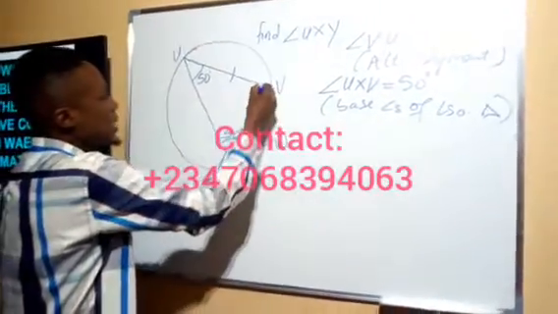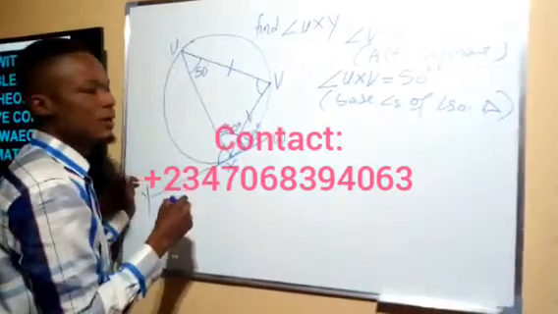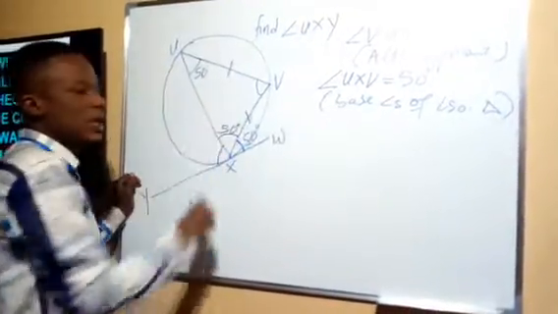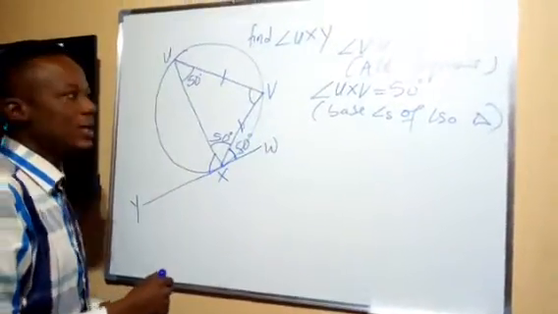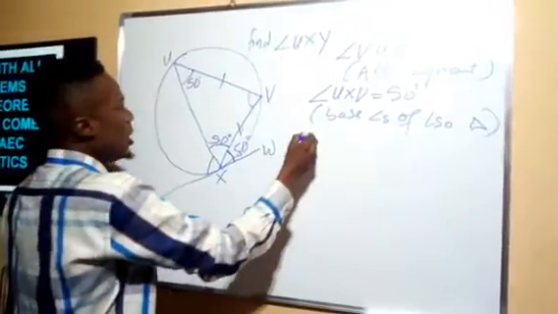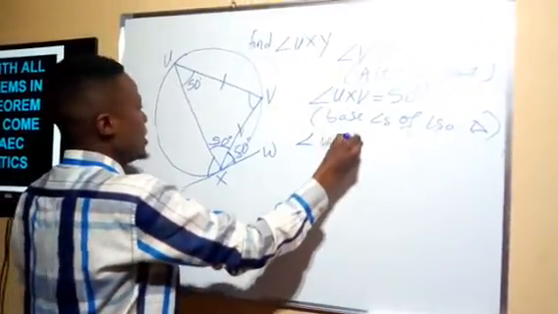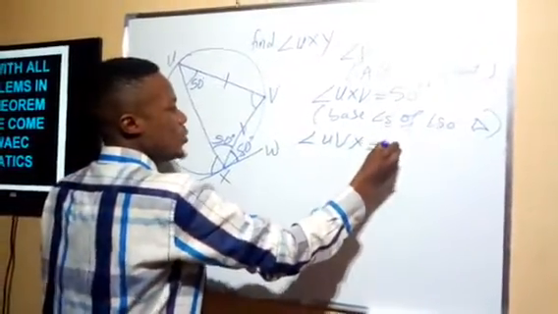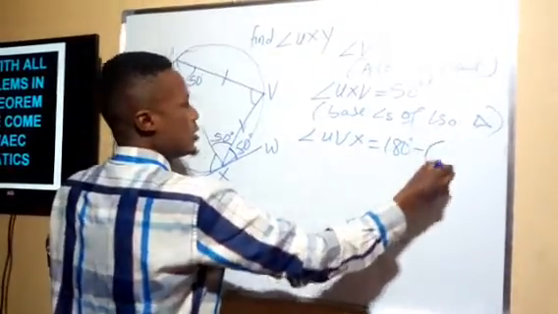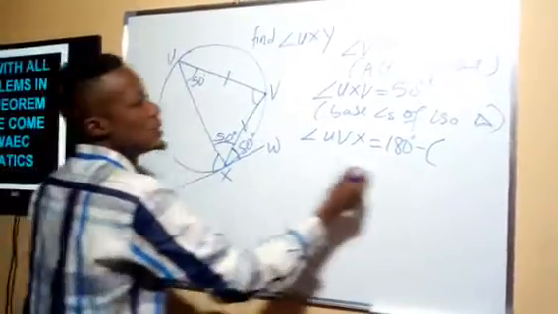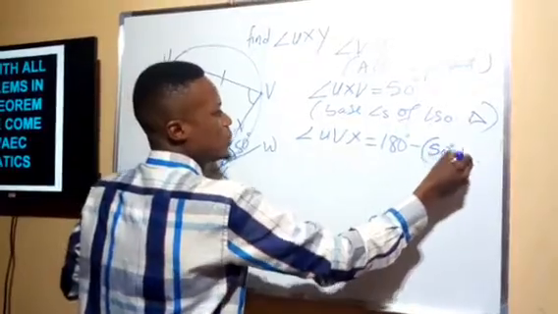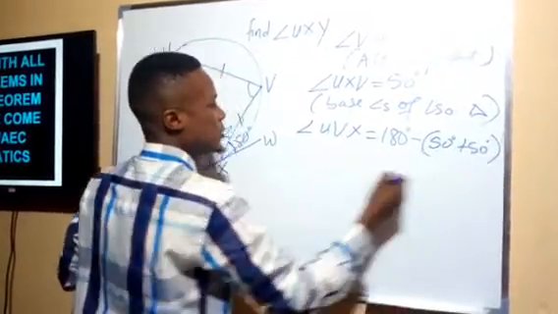It is now easy to get the angle at V. Okay? Because the sum of angles in a triangle is 180 degrees. So angle UVX will be 180 degrees minus the sum of this and this. Okay, 50 degrees plus 50 degrees.